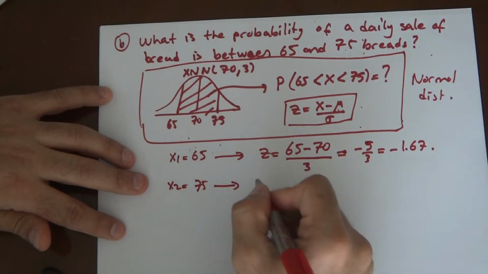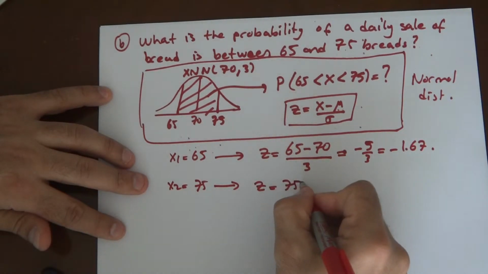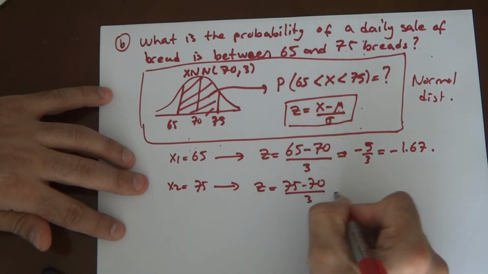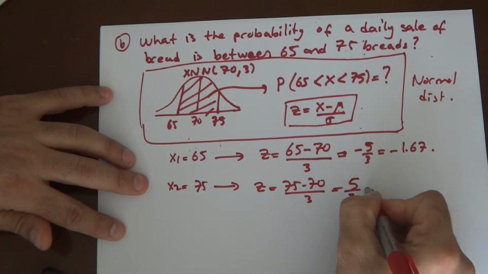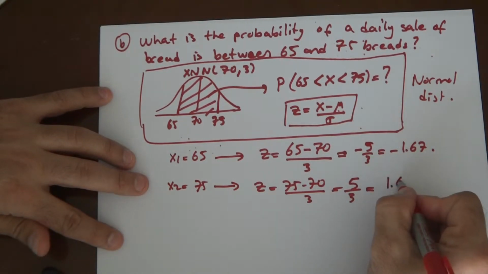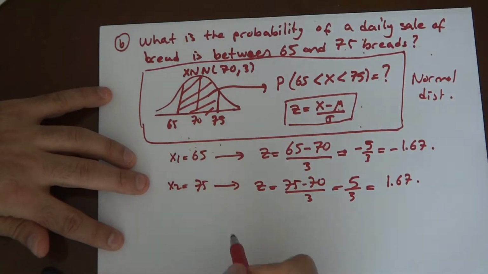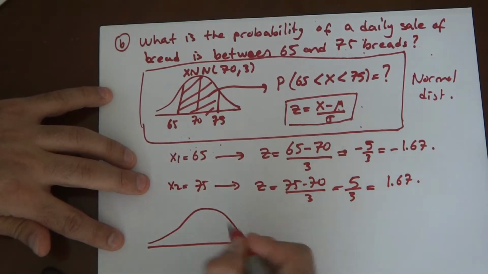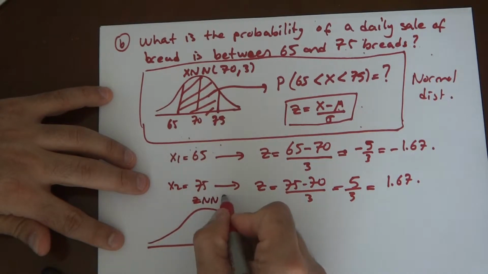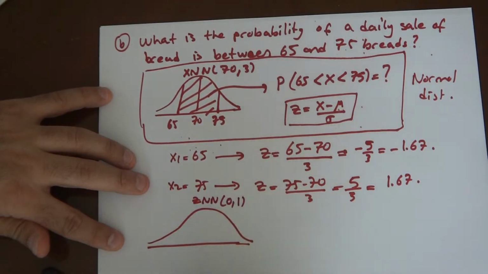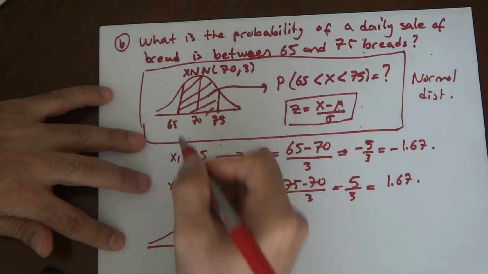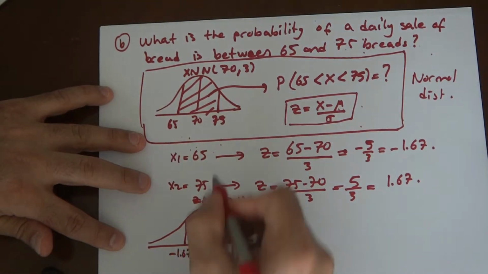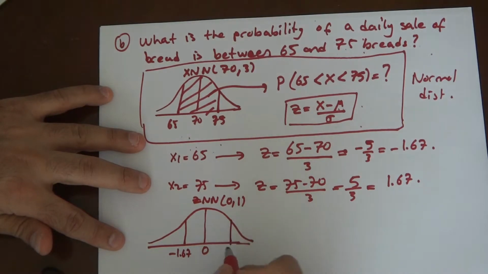And x2 is 75. Actually we did this in the first step. Z equals 75 minus 70 divided by 3, so it is positive 5 over 3, approximately 1.67. So the same question becomes now in Z state. This is the standard normal distribution, which is 0 and 1. The center is 0, and 65 becomes negative 1.67, and 75 becomes 1.67.